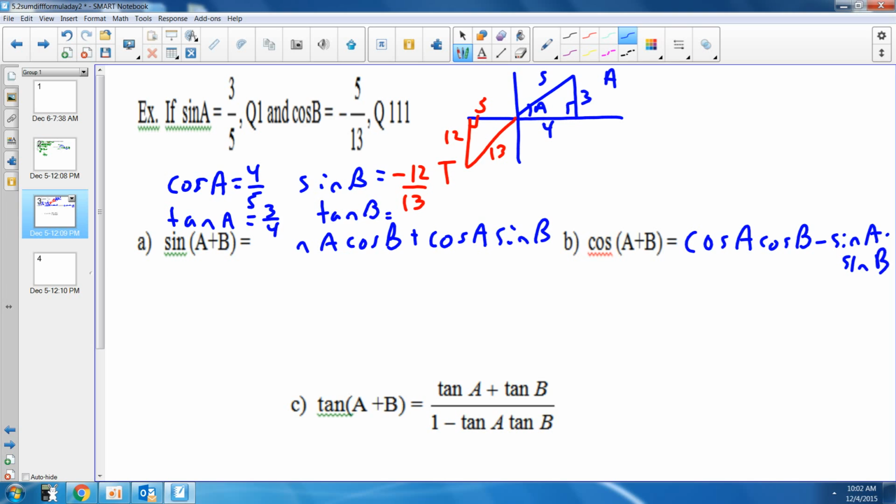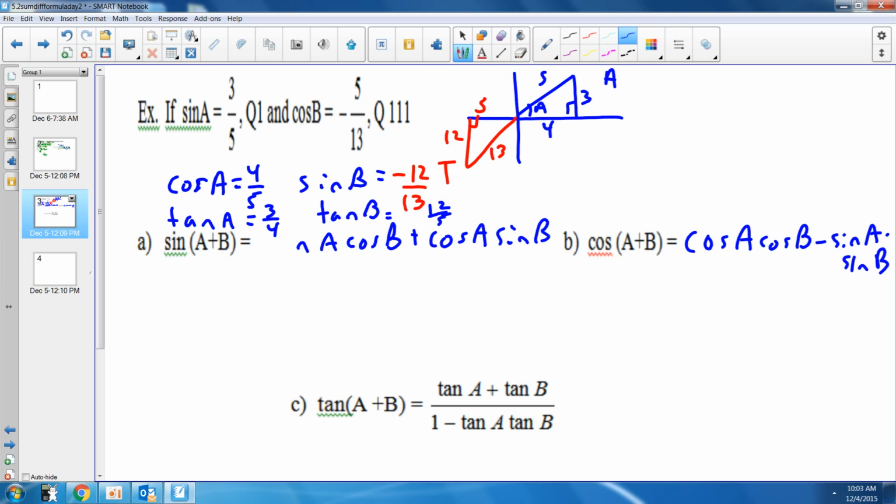And remember, thinking positive or negative, it's got to be positive because of Santa Claus. So it's 12 opposite over adjacent, 12 over 5. At this point, you have all 6 fractions that you need in order to fill in off the bottom.